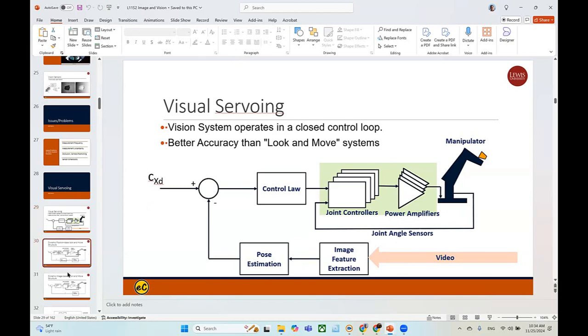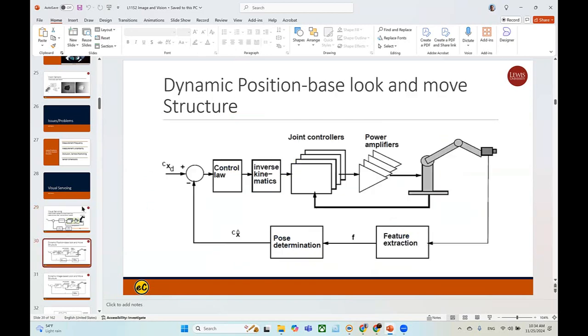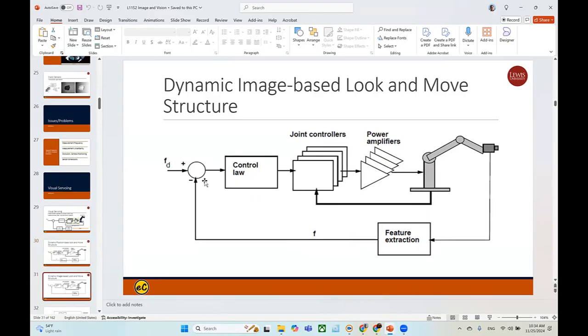So that loop, you can use the logic model of having the feature extraction. This feature extraction is like object detection, edge detection, and those middle to high level vision detections. Then based on those object detection values, you determine the pose in the model as a pose determination, and then feed back to your control loop.